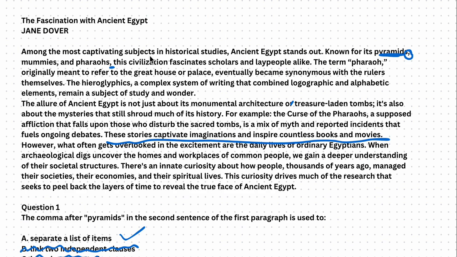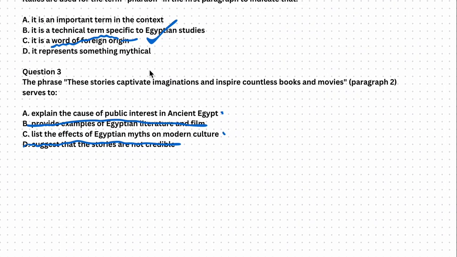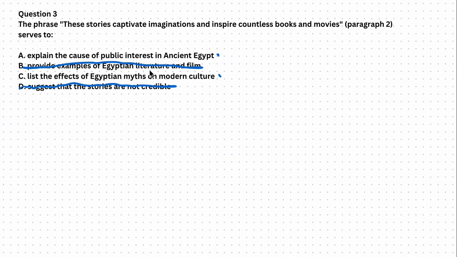So what they're building here is, if you look at A, it talks about the cause of public interest in ancient Egypt. So what's clear is that the cause of public interest in ancient Egypt is not books or movies, but the actual civilization itself. And it talks about people, researchers, lay people, academics, who are interested in ancient Egypt.